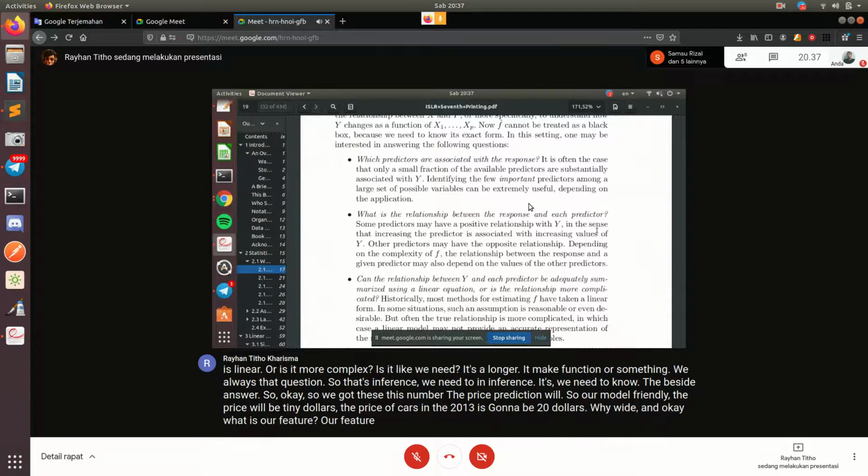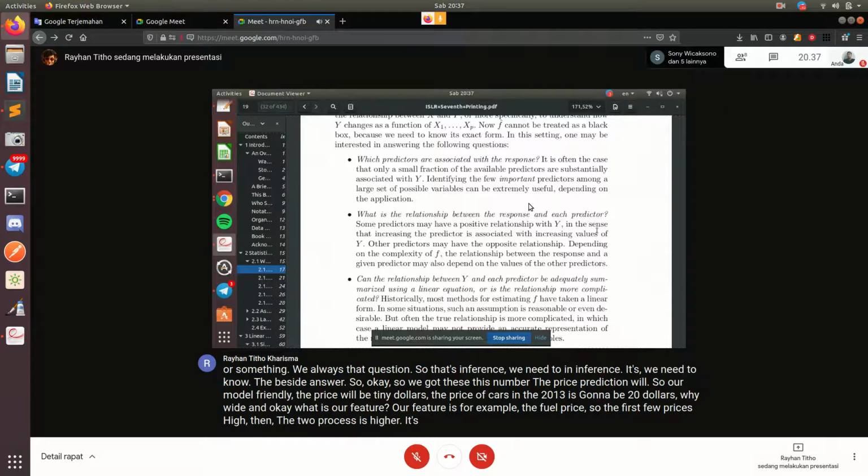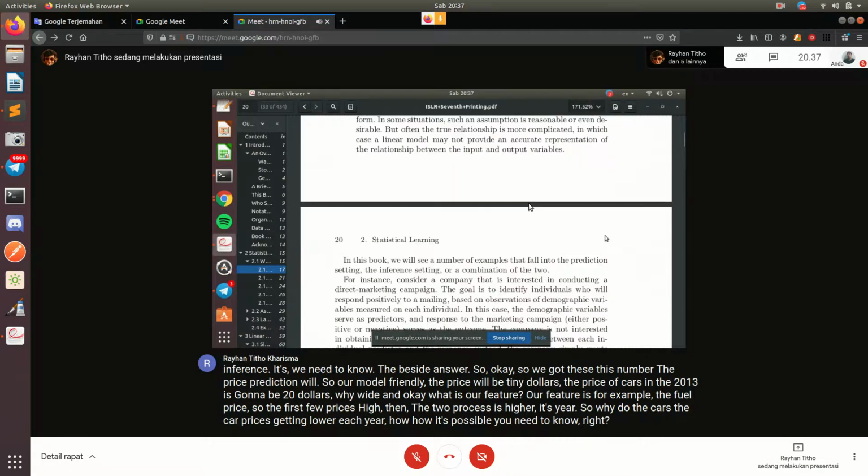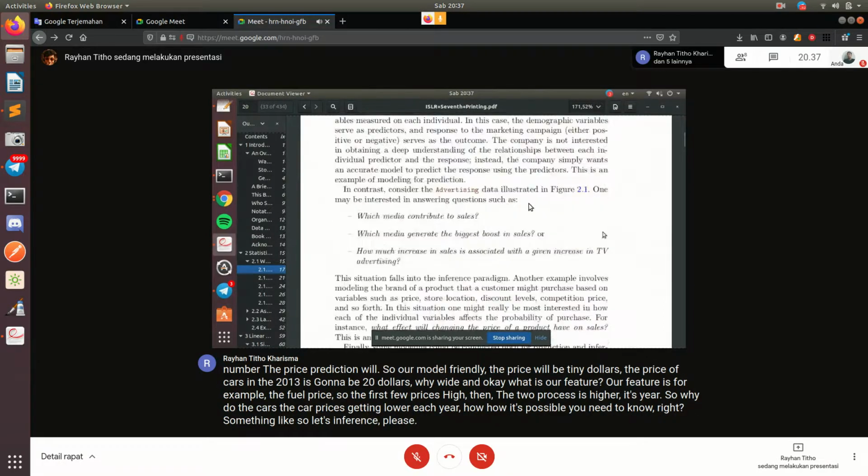For example, the fuel price. The fuel price is higher each year, so why is the car price getting lower each year? How is it possible? We need to know, right? Something like that. So that's inference.